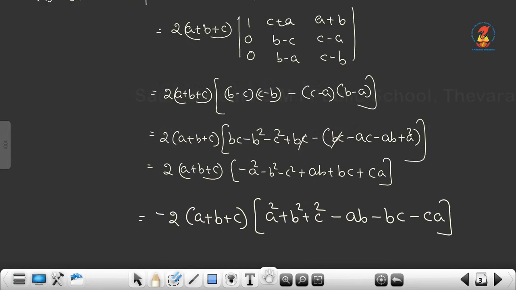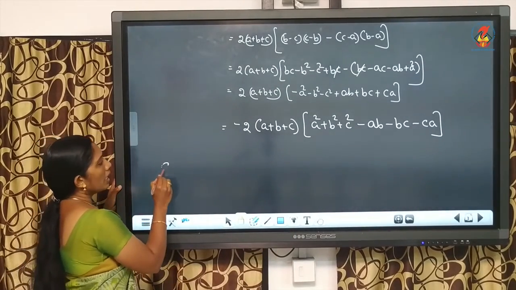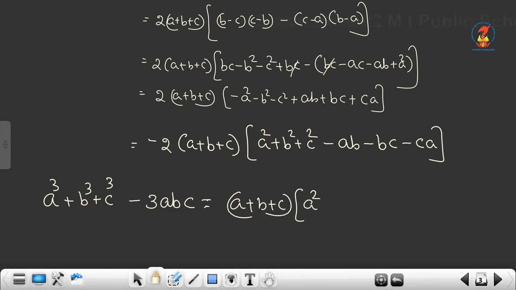Now do you remember the identity that you have studied in 9th standard, that is a cube plus b cube plus c cube minus 3abc is equal to, there is a result, do you remember that? That's equal to a plus b plus c into a square plus b square plus c square minus ab minus bc minus ca. There is an identity like this.